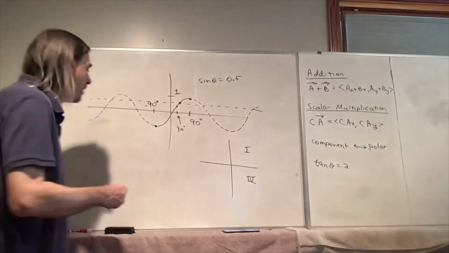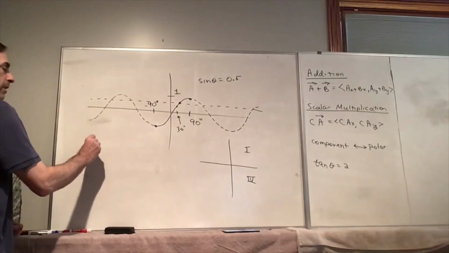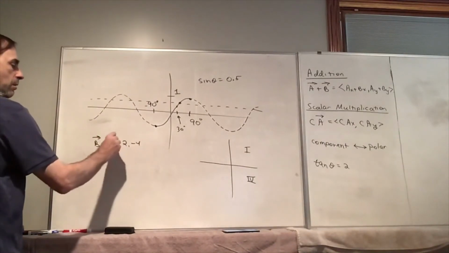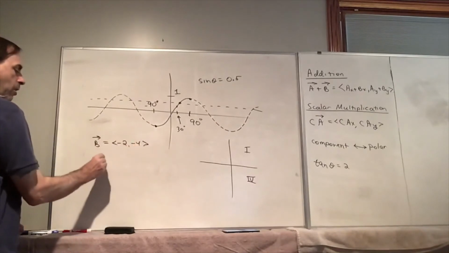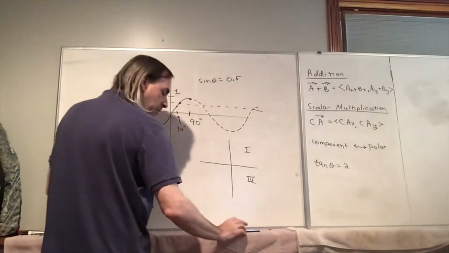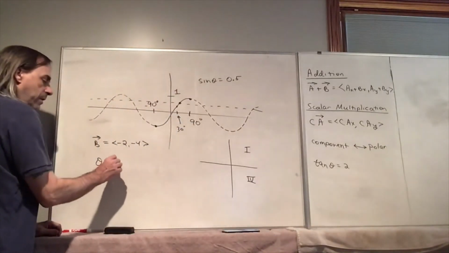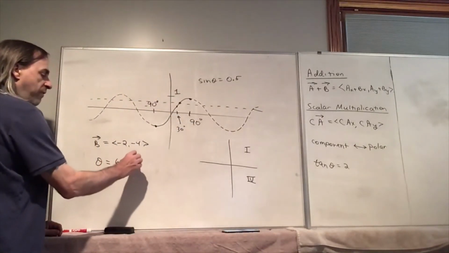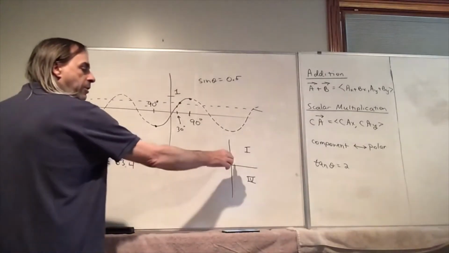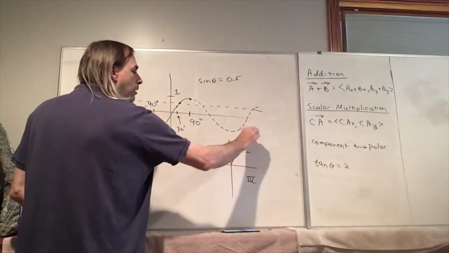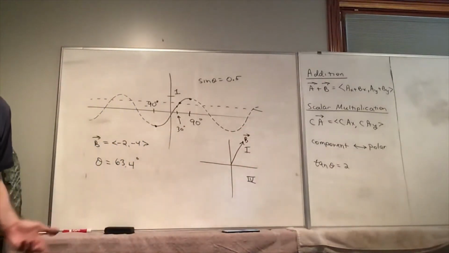Like if you go back to that example, B is -2, minus 4. I think the angle was, here, let's do inverse tangent of 2. 63.4 degrees. Again, you go from the x-axis, go 63 degrees. Well, clearly this vector is pointing in the wrong direction.